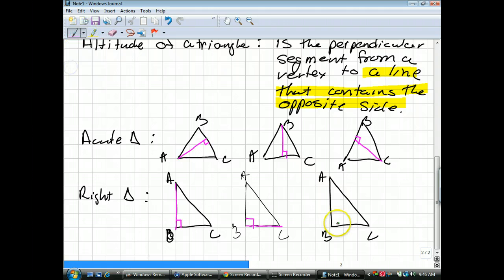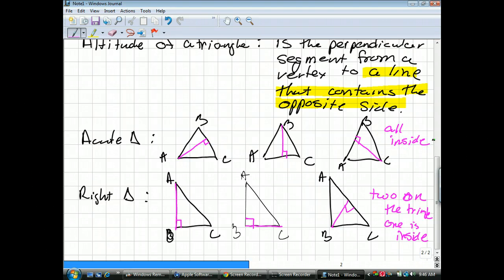And from B, it would be this segment. Okay, so notice for a right triangle, two are on the triangle, and one is inside. Whereas in the acute, all were inside.